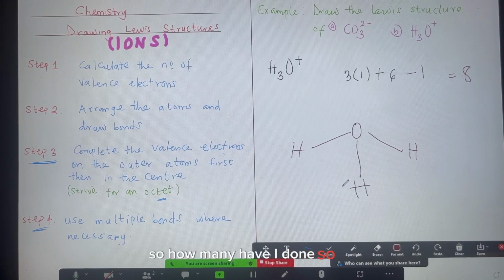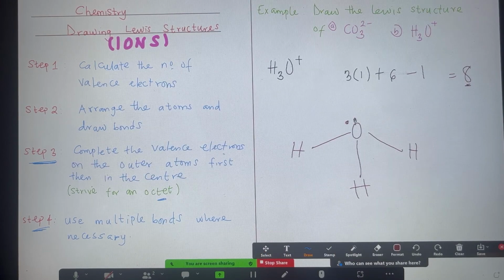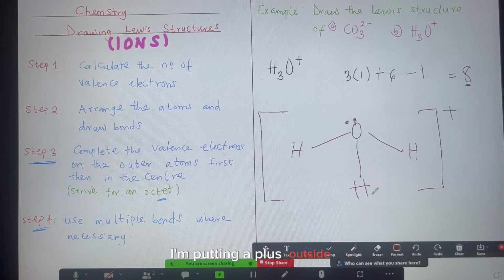So how many have I done so far? 2, 4, 6. I'm heading to 8, right? So I should have one remaining pair here, 7, 8. Make sense? Exactly. But I cannot conclude this without putting a square bracket here and putting a plus outside, because that shows us that it is an ion.